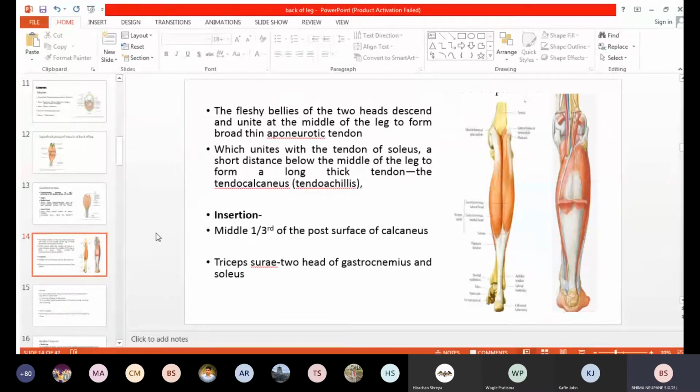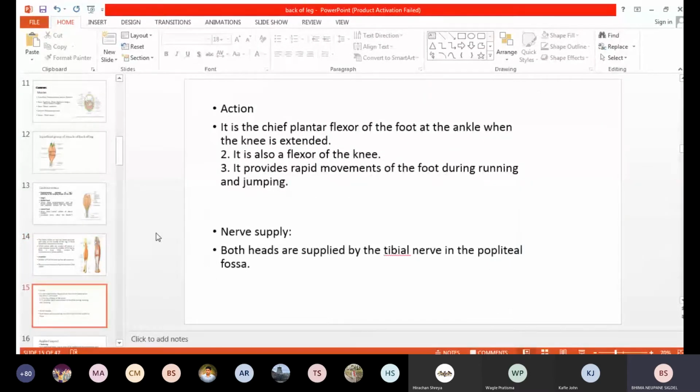MCQ. After that, the action of the gastrocnemius. These muscles are present in the flexor compartment and cross the ankle joint, so the chief function is plantar flexion of the foot at the ankle. This acts when the knee joint is extended, so your knee should be extended and then you do the plantar flexion.